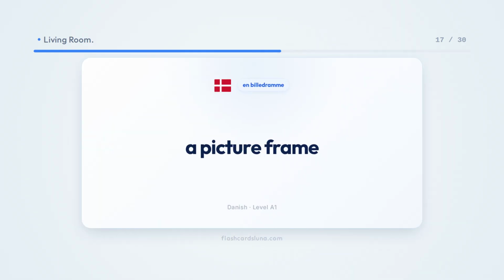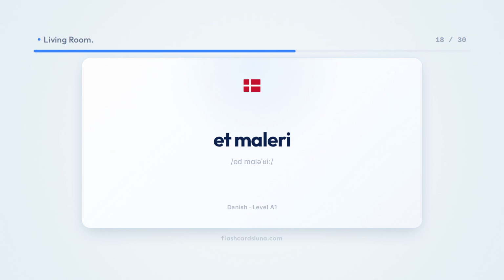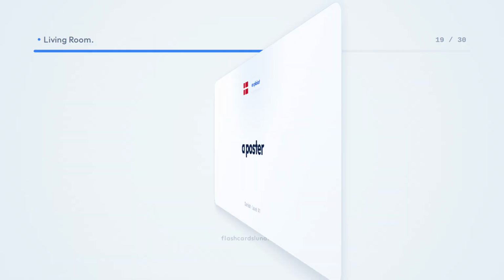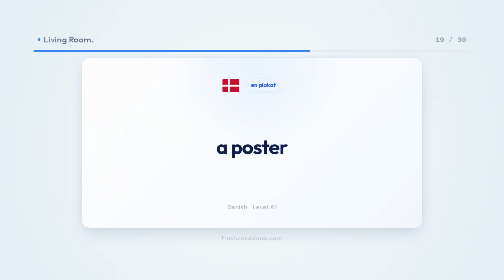A picture frame. Et maleri. A painting. En plakat. A poster. En vase. A vase.